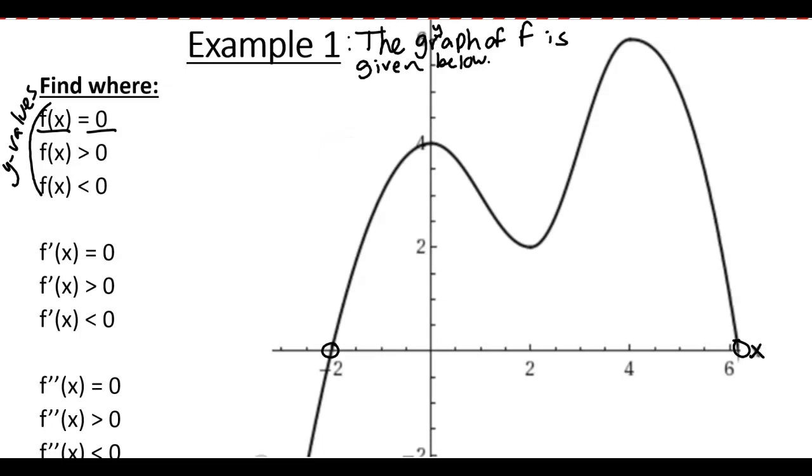Where is f of x greater than 0? Once again, we're talking about the y values. So where are the y values greater than 0? Well, that would be anywhere that f is above the x-axis.